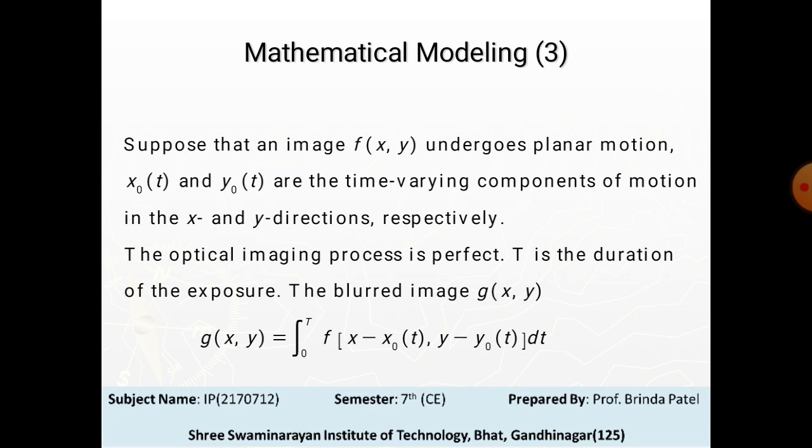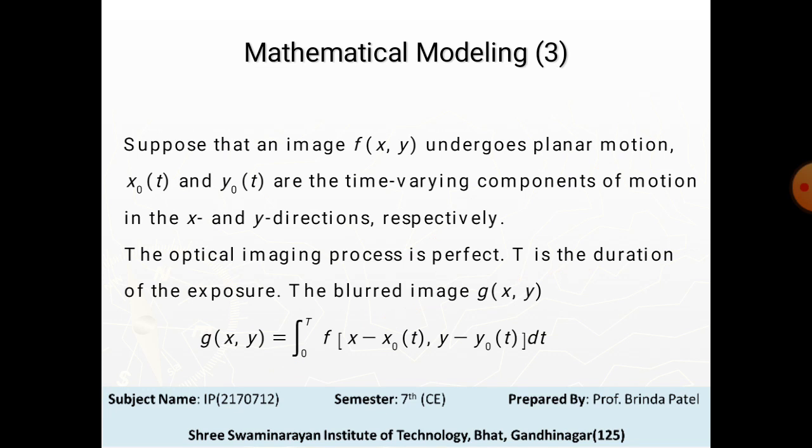So the total exposure at any point of a recording medium is obtained by integrating the exposure over the time interval during which the imaging system shutter is open. Here assume that the shutter opening and closing takes place instantaneously and that the optical imaging process is perfect. So it isolates the effect of image motion.